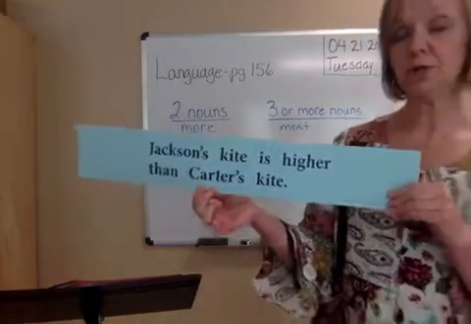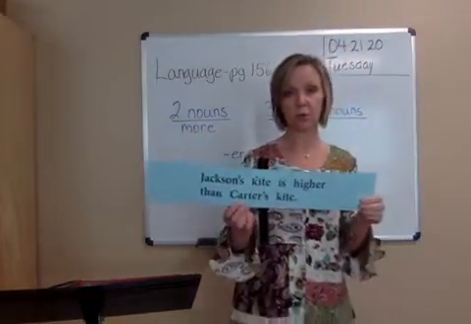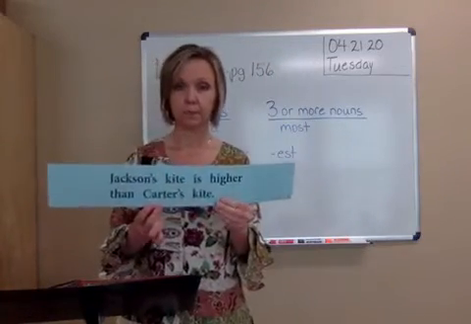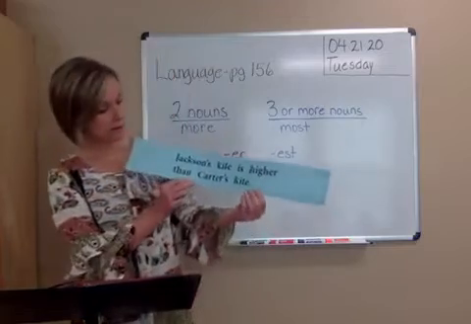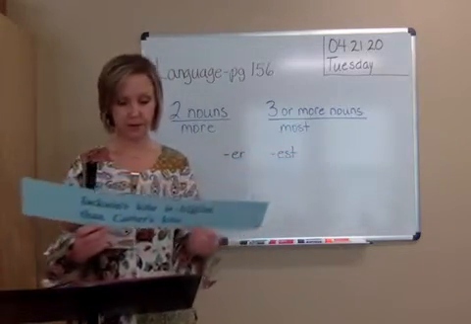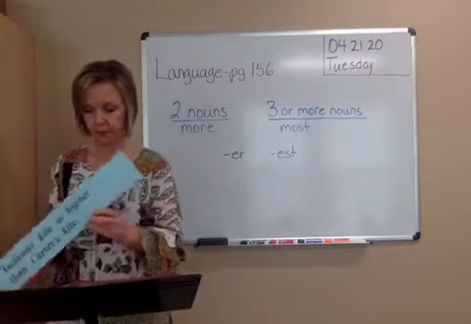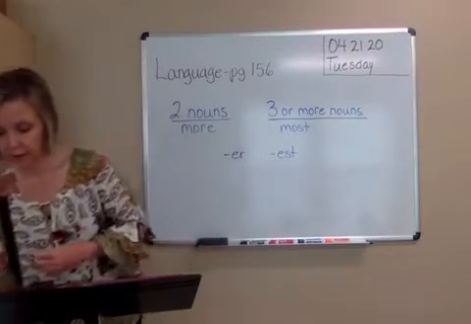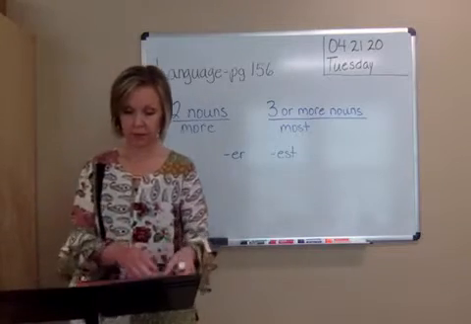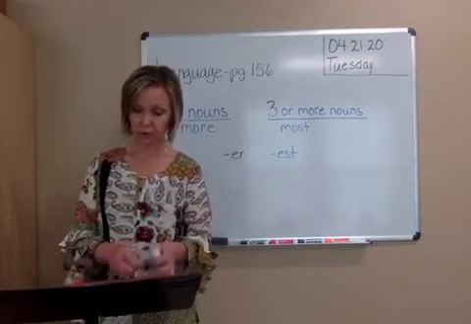And remember, we used er there because we're comparing two. Okay? So Jackson's kite is higher than Carter's kite. All right? So let's look today at our new concept on page 156.